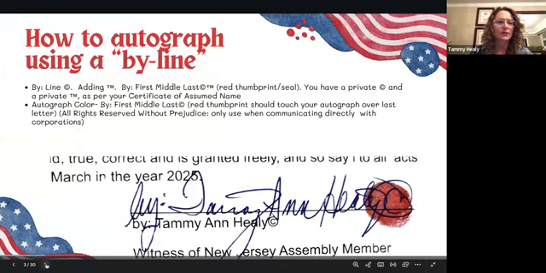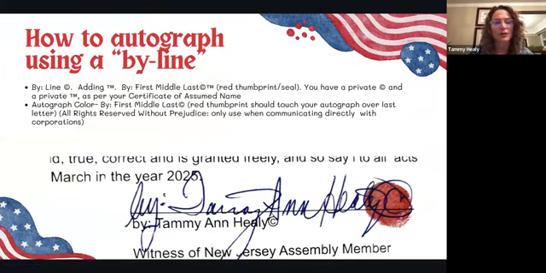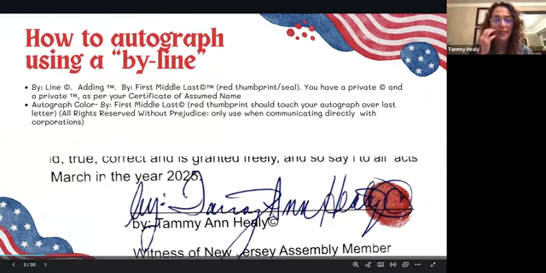All right, so how to autograph using a byline. So by colon, and then your name and the copyright, adding TM. Now, trademark is actually if you're going to be using your name for business purposes. You don't need to trademark your name. And then you're going to add your red thumbprint.